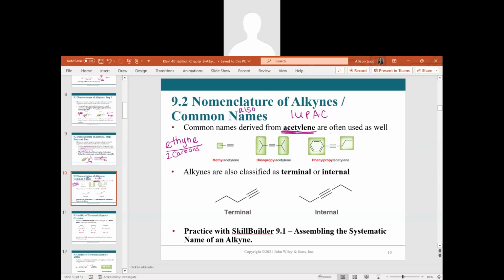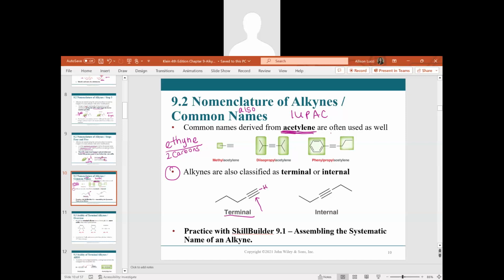We have some classifications here with this bullet point that we should review. We have what's called, in this first picture, a terminal alkyne. So the triple bond is at a terminal point. It's at the end of the compound. So all we would have on this end would be a hydrogen.